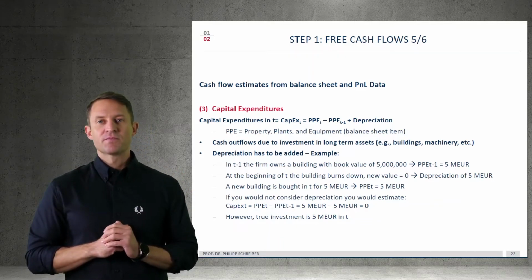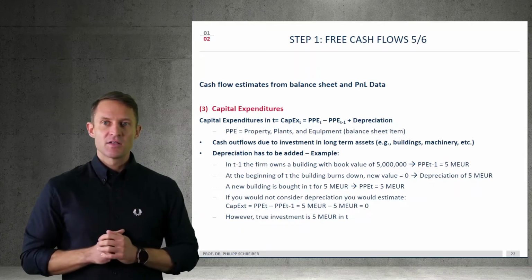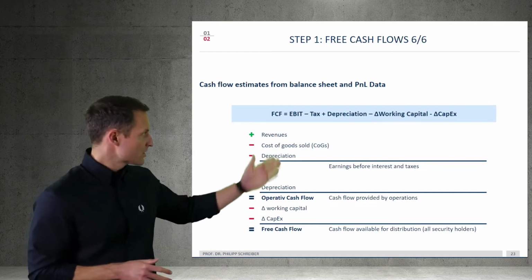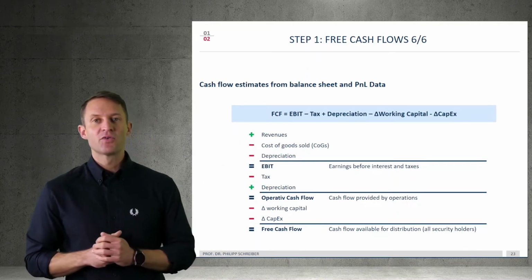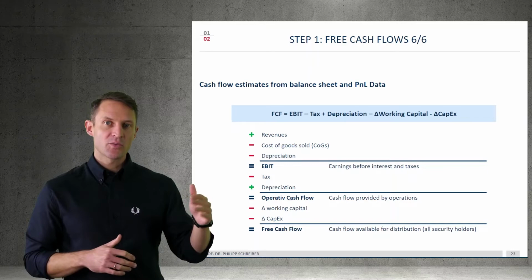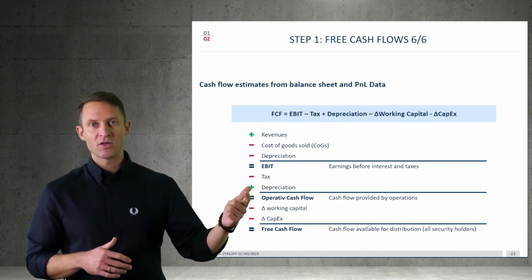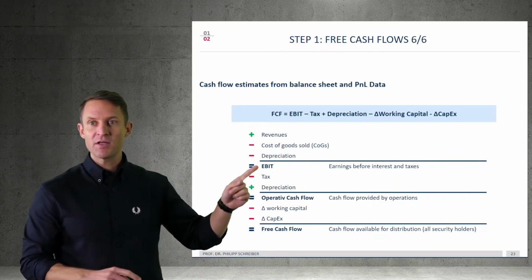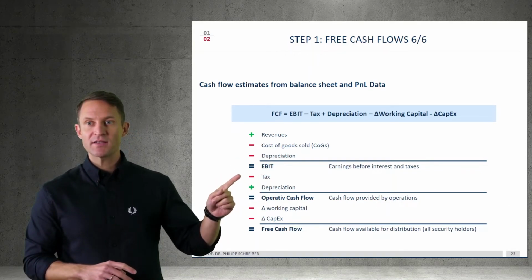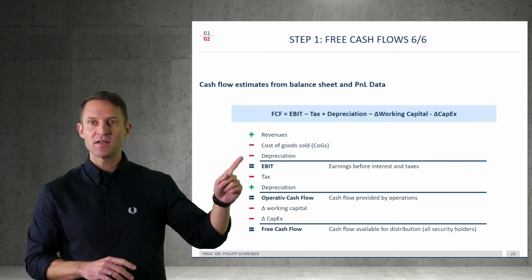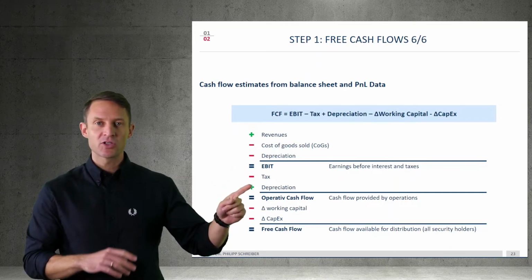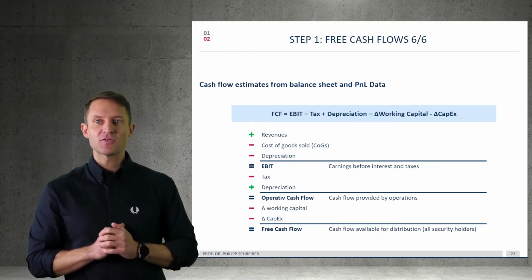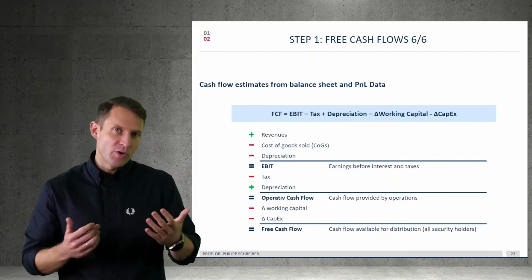All right, that's the capital expenditure part. And then this is the formula. Here I give you the detailed formula. We start with the revenues, we subtract cost of goods sold, we subtract depreciation, we have the EBIT, we subtract tax, we add depreciation back. Here you can see it, minus depreciation plus depreciation, it cancels each other out. Then we have the operating cash flow, the cash flow provided by operations.